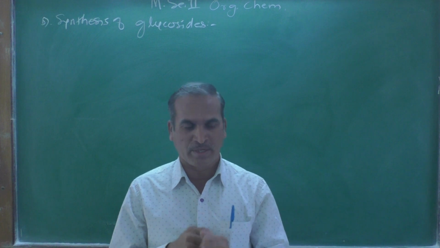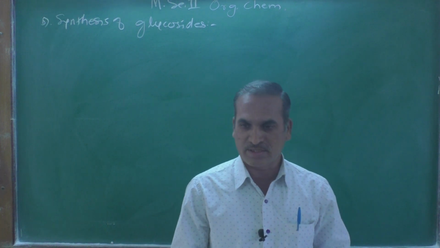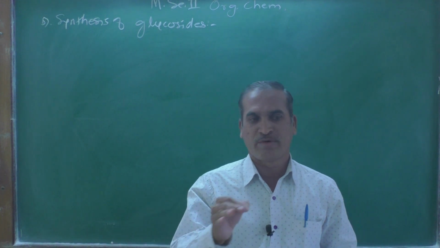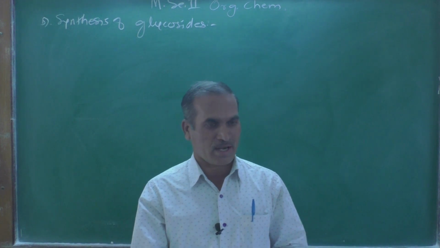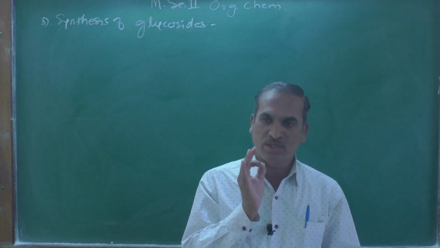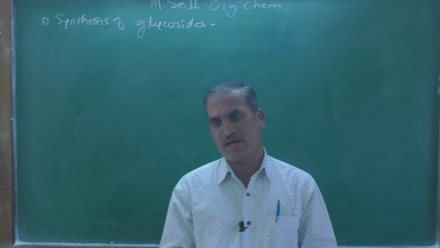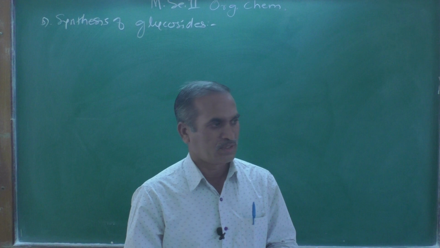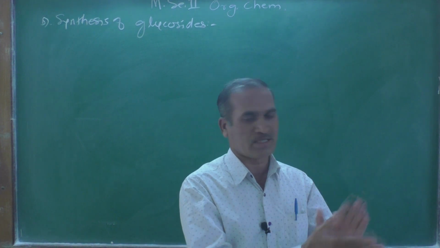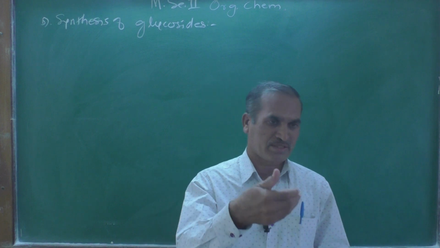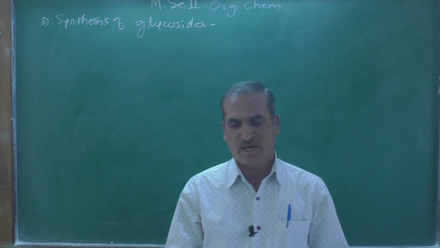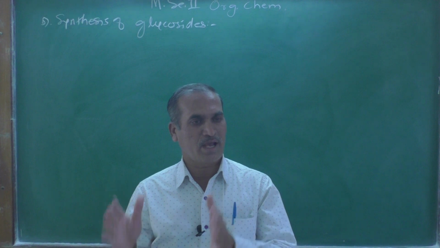Do you remember what we were discussing yesterday? I think we were discussing disaccharides, and there we have seen three common disaccharides. Number one is sucrose, number two is maltose, and number three is lactose.